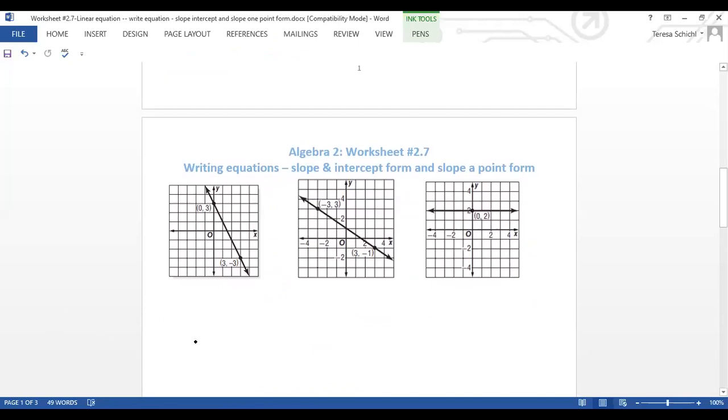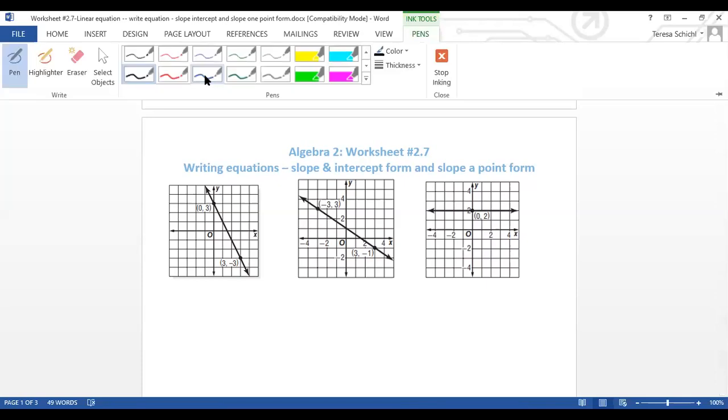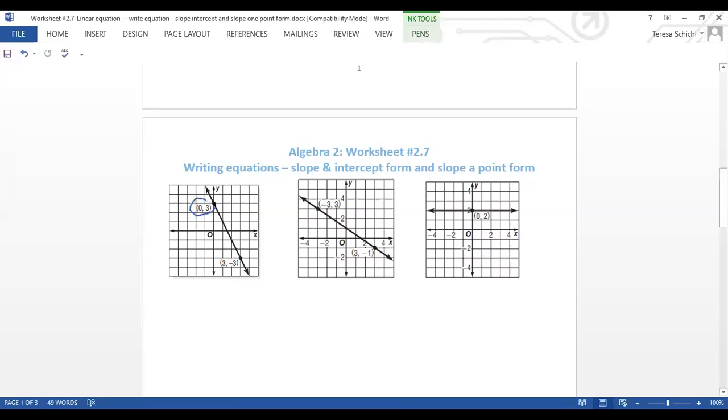Okay, so let's take a look at these ones here. For the first one, I got 2 points. One is (0, 3), and the other is (3, -3). So what's the first thing you need to do? Find the slope, right?